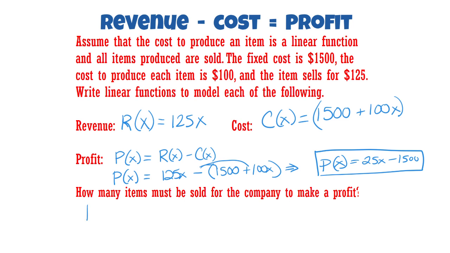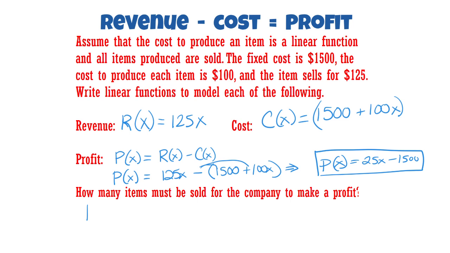It says, how many items must be sold for the company to make a profit? Well, if I want to make a profit, what does that mean for my P of X? I feel like this is more of an inequality, because to make a profit, I need the profit to end up being greater than 0.